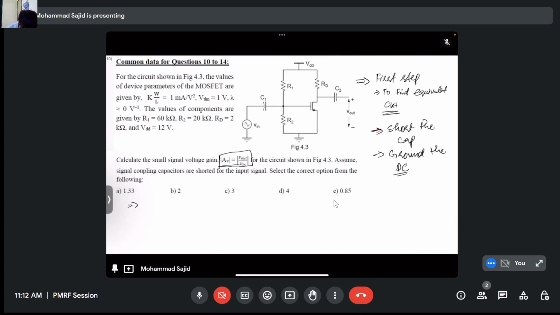So we know from the MOSFET equation, is this an NMOS or PMOS? NMOS, right?